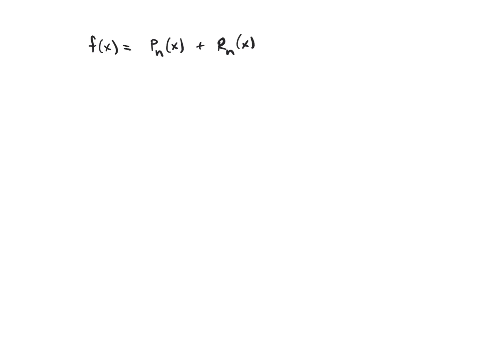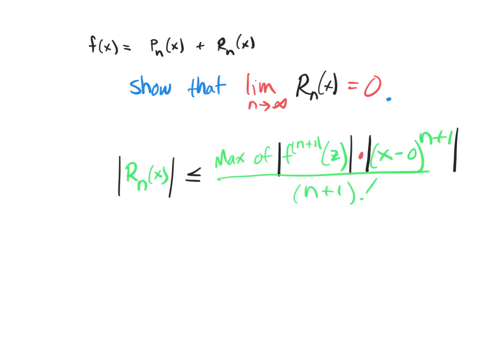All right, the instructions on this problem said, prove that the series converges to the function. So we just need to show that the remainder converges to 0 as n approaches infinity. To do that, we're going to use the Taylor remainder theorem.